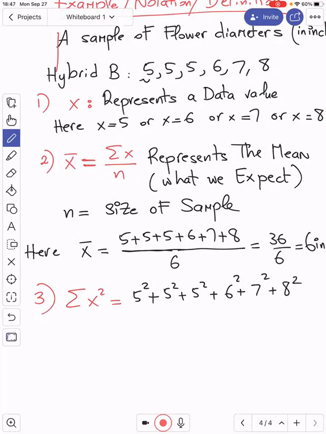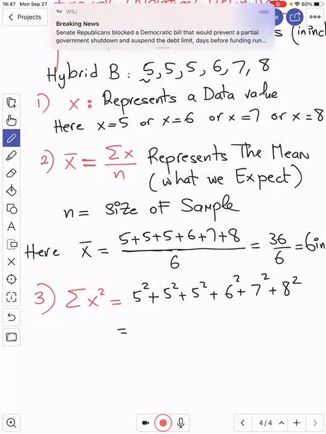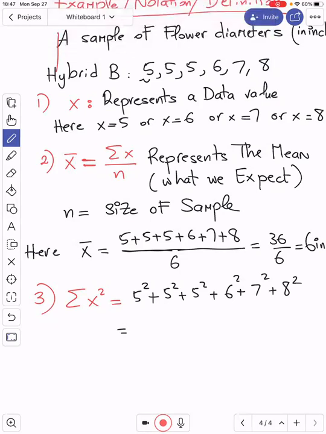Of course, you know how to compute this with a calculator. We have 25, 25, 25, 36, 49, plus 8 squared, 8 times 8, that's 64.